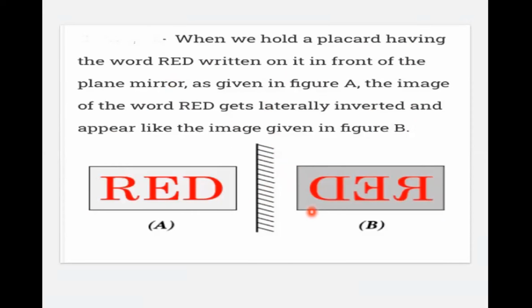Each alphabet is flipped. The right side appears to be left and the left side appears to be right in the image. So this phenomenon is called lateral inversion.